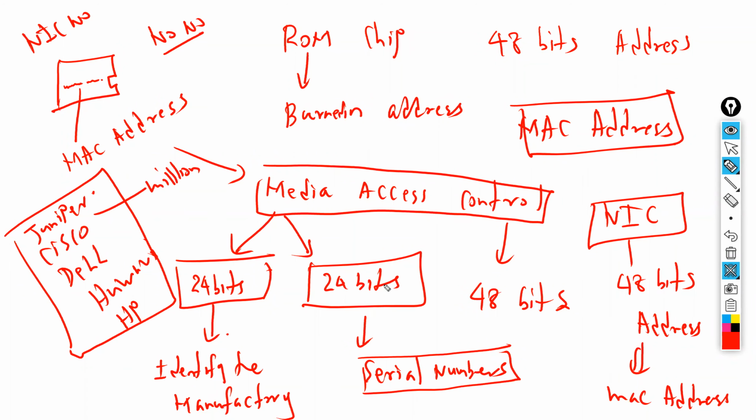The last 24 bits represent the serial number of that particular vendor or company. That's the basic idea about media access control. So MAC address, you can even say another name, is physical address.